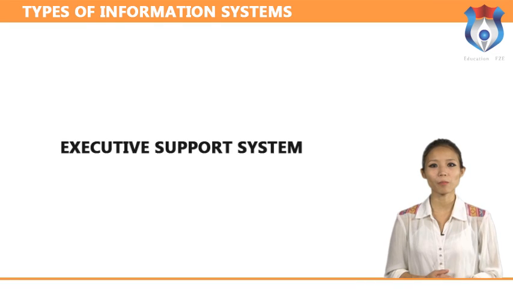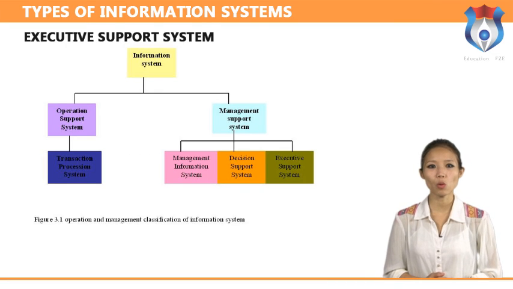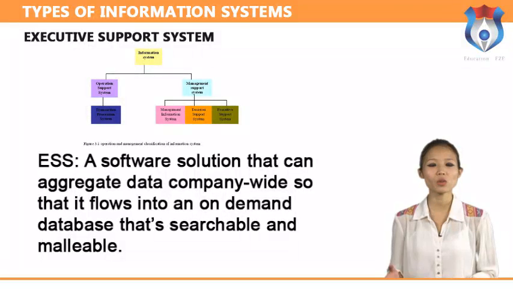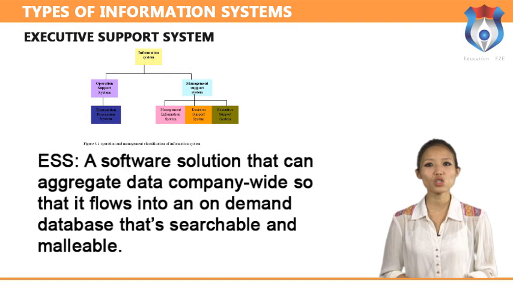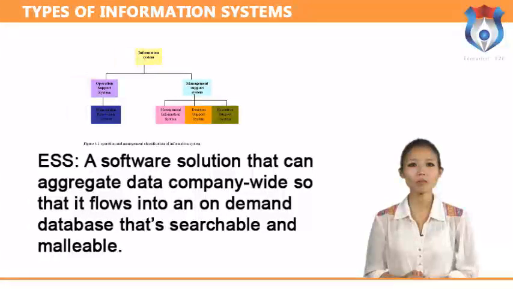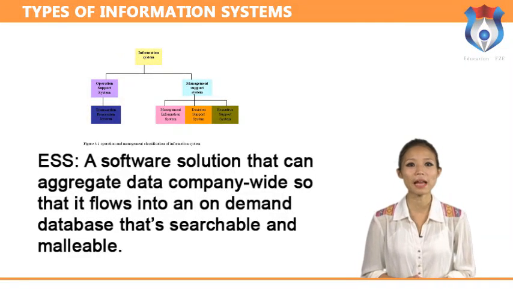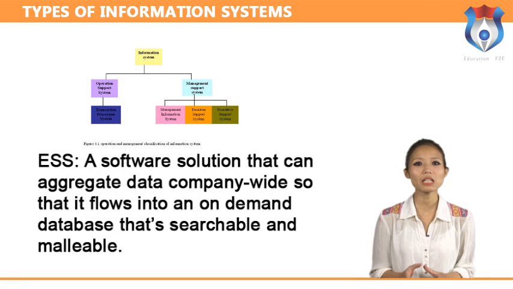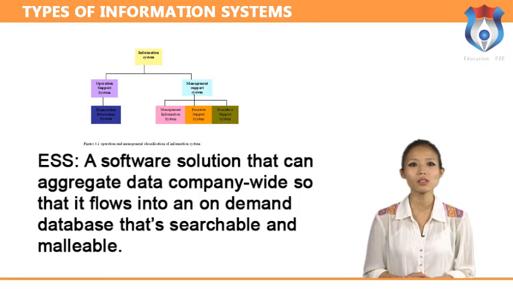Executive Support System. Now, what is Executive Support System or ESS? An ESS is a software solution that can aggregate data company-wide so that it flows into an on-demand database that's searchable and malleable. A good ESS system offers an intuitive way to automatically deliver customized analysis, alerts, reports, and predictions.